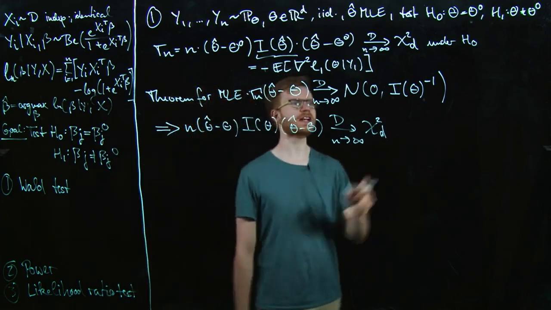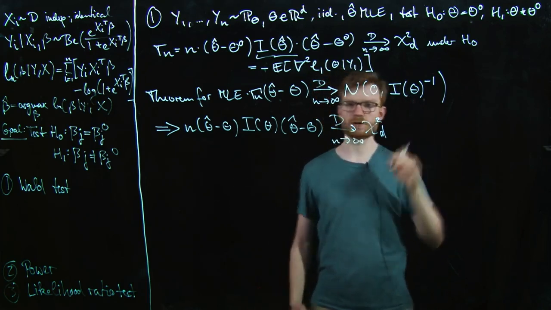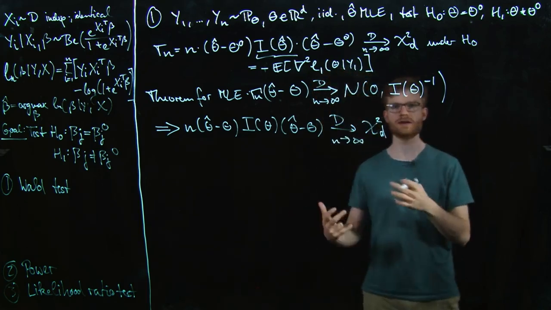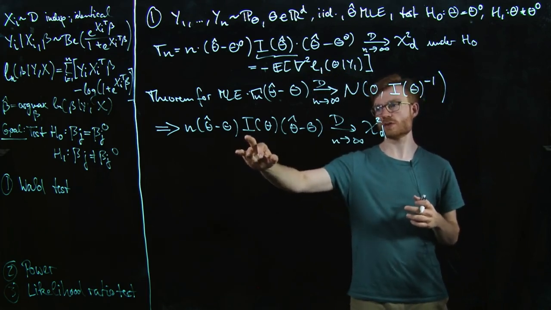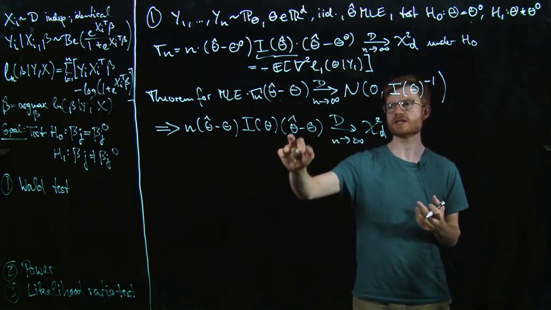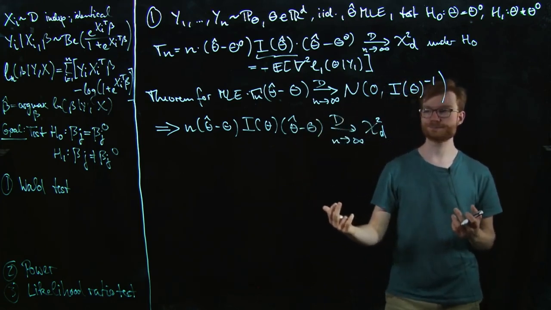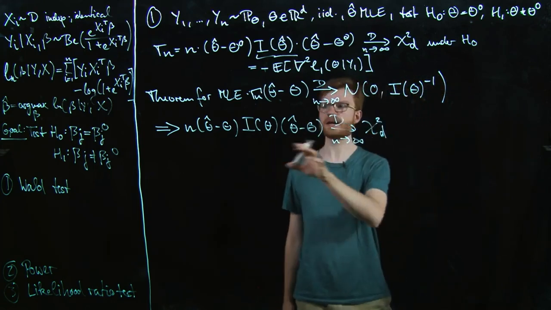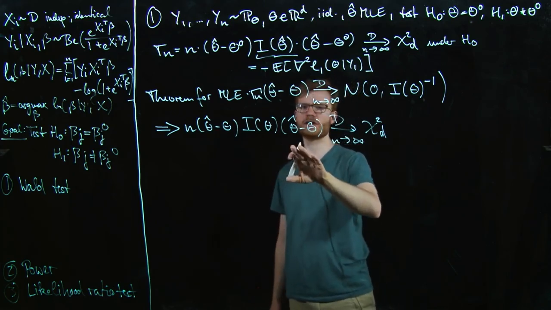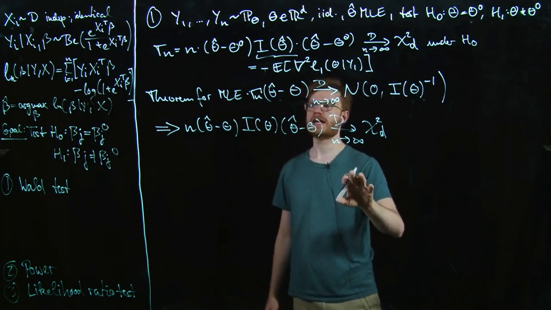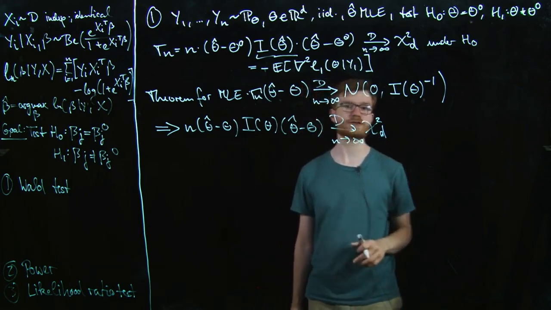And this just comes from the fact that this I in the middle essentially reverses the covariance here, or it whitens. Some people call this whitening, because it makes the variable, if I take a matrix square root of I times theta hat minus theta, look like a standard normal random variable. And then I'm just looking at the Euclidean norm squared of a standard normal variable. This is a chi-square distribution.